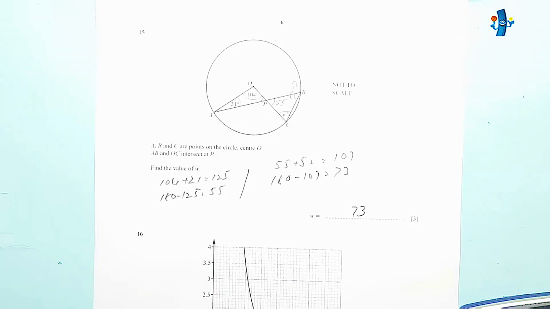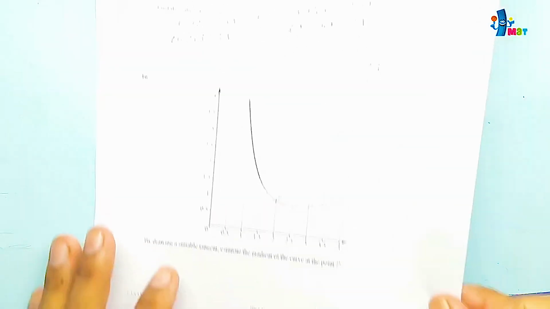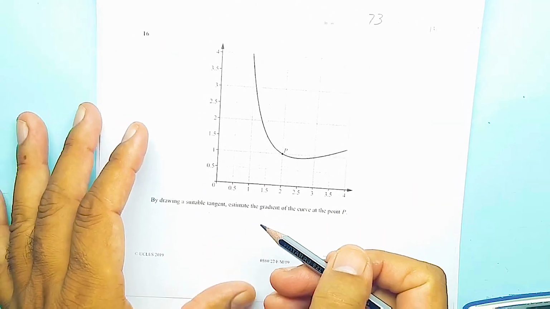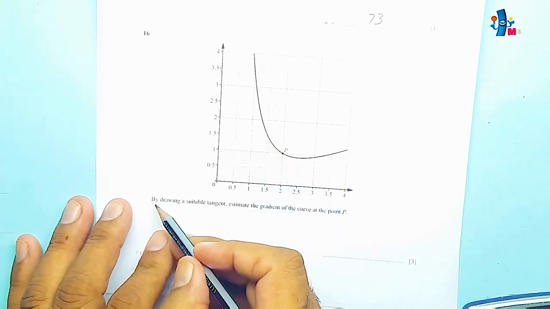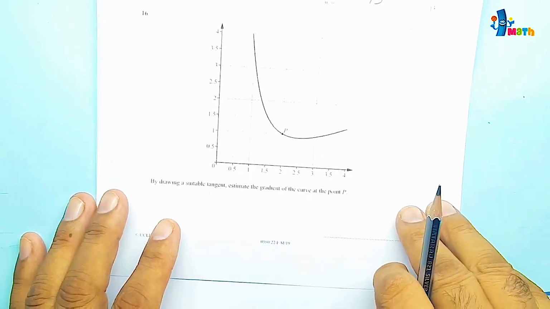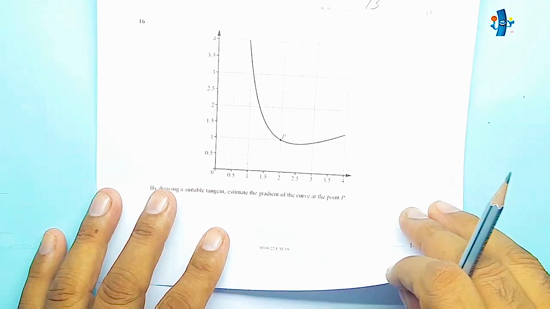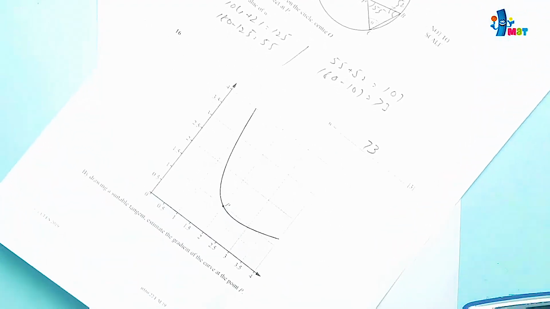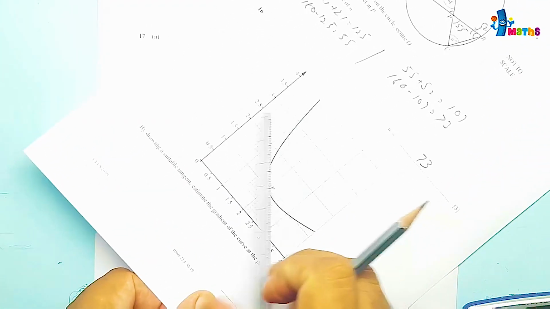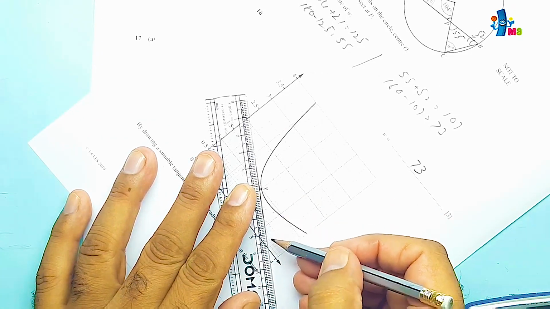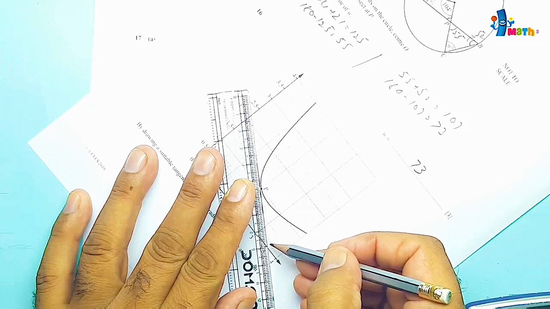Now question number 17. This grid is given, this graph function is given. By drawing a suitable tangent, estimate the gradient of the curve at P. At P basically we have to calculate. So if we draw the tangent at point P, it will be like this one.